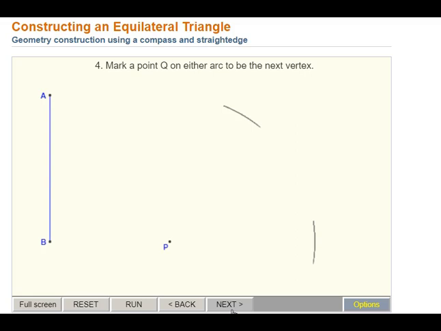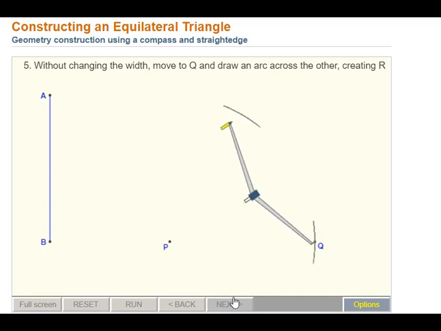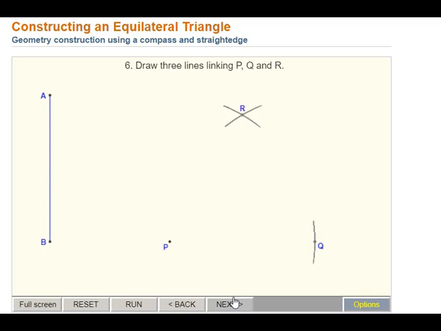Remember, an equilateral triangle has all sides the same length. Without changing your width, move to point Q and draw an arc across the other, creating point R. Draw 3 lines linking P, Q, and R.